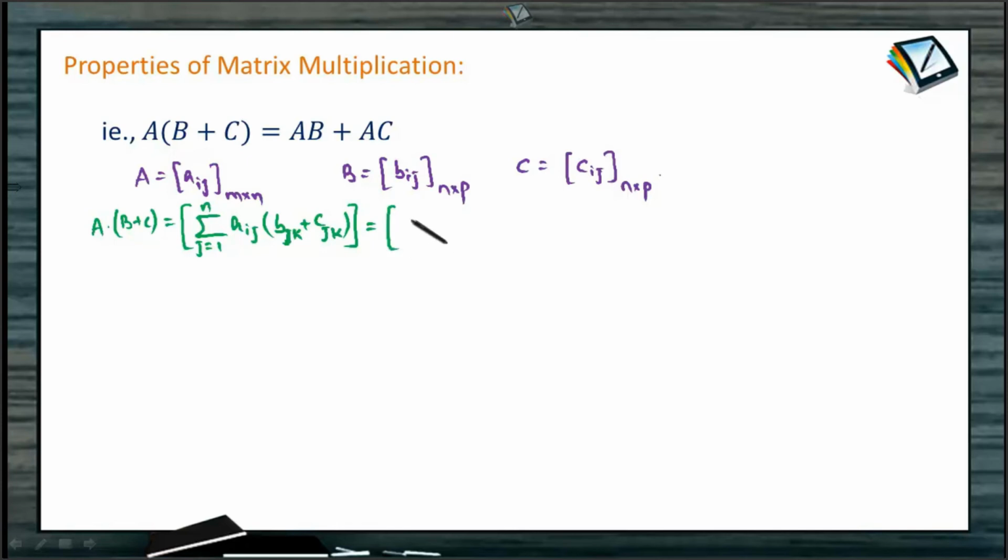So can we rewrite this as sigma j runs from 1 to n, A_ij into B_jk, plus sigma j runs from 1 to n, A_ij into C_jk. But how is this product here? This sigma notation says this is the matrix product A into B plus the matrix product A into C, right? So matrix multiplication is distributive over matrix addition.